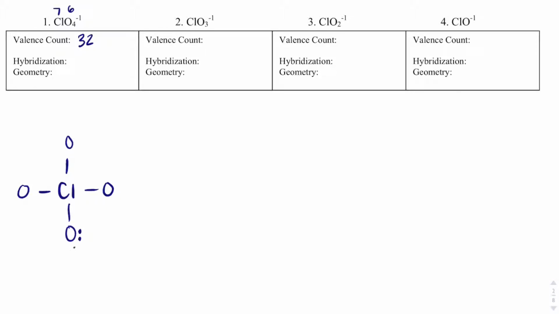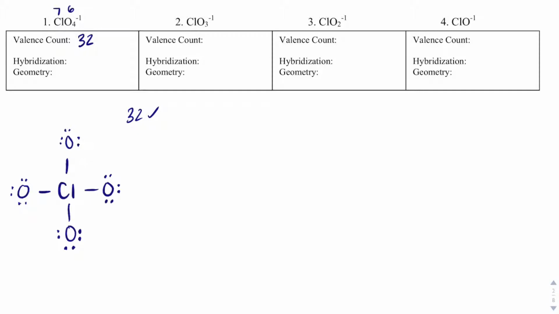Then I'm going to give everything 8 valence electrons. And then I'm going to count. I like to count in pairs, so 2, 4, 6, 8, 10, 12, 14, 16, 18, 20, 22, 24, 26, 28, 30, 32. So I do have 32, so my count is good.